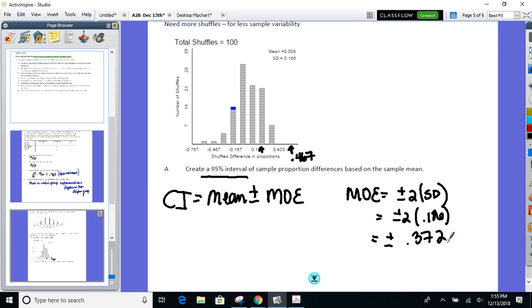Now find my 95% confidence interval. The mean, which was given as 0.08, add the margin of error, subtract the margin of error. To find that interval, everyone go ahead, subtract 0.372 from it and add 0.372.